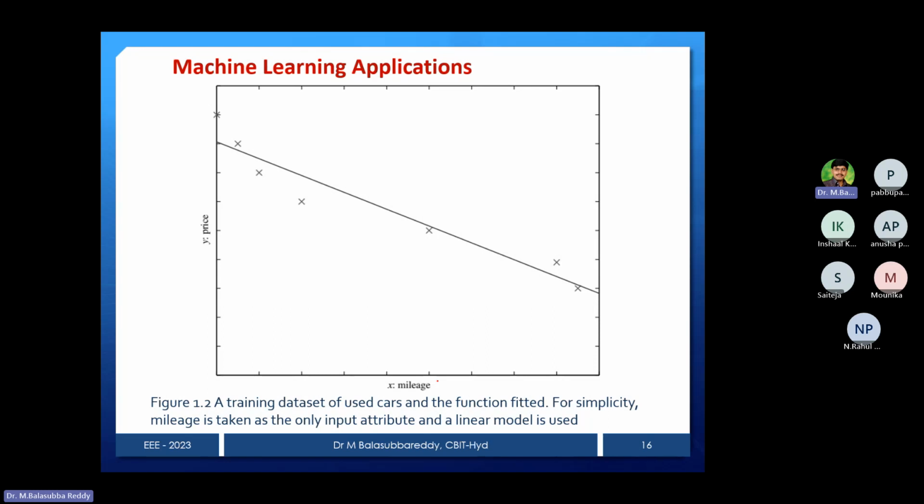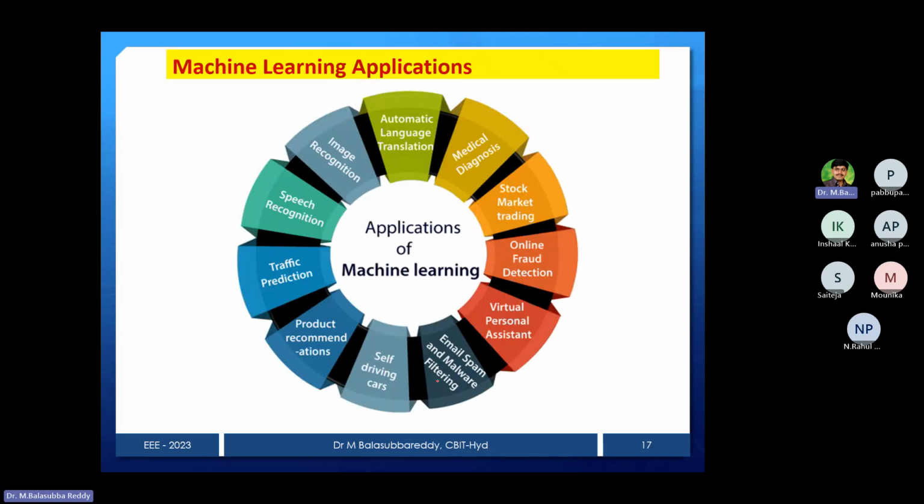The function is fitted, and mileage is taken as the only input attribute, but it is not really one attribute. If you give one attribute, the output is not accurate. So more features have to be used, and we also need more instances, then only we are able to get it.